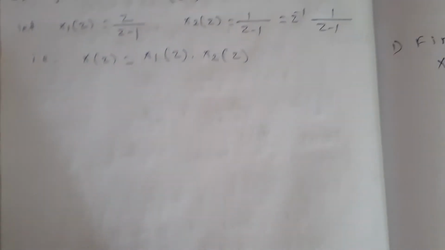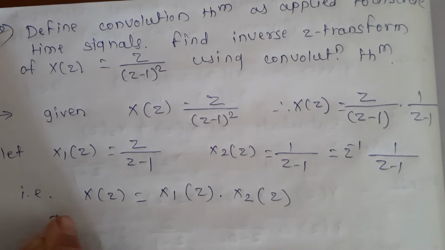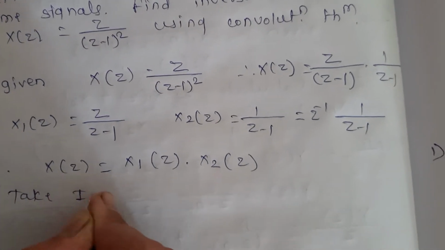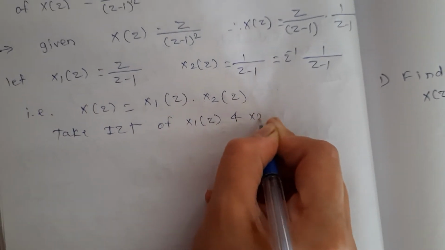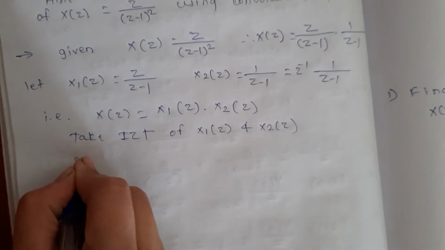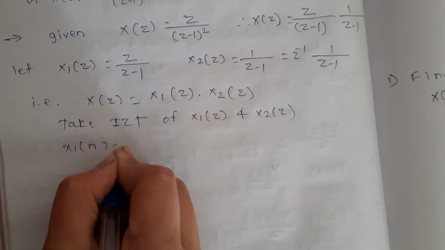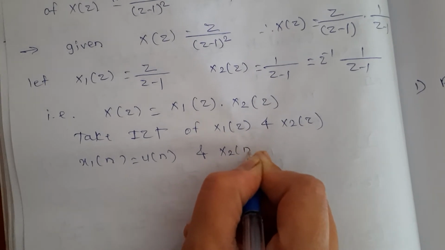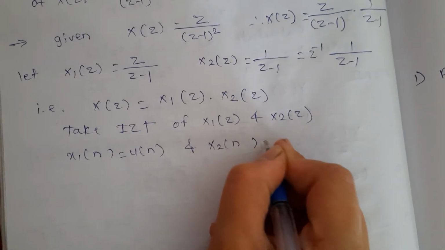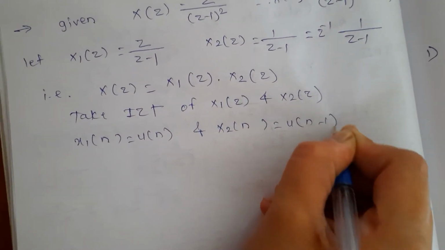Now taking IZT, that is inverse Z transform of X1(z) and X2(z), the equation is x1(n) is equal to u(n) and x2(n) is equal to u(n minus 1).